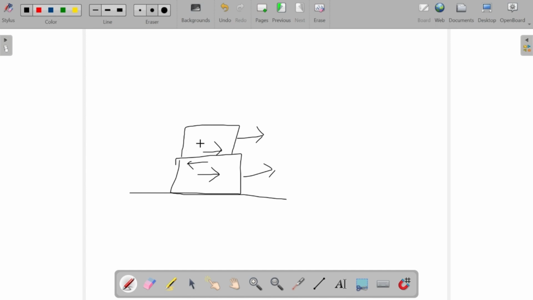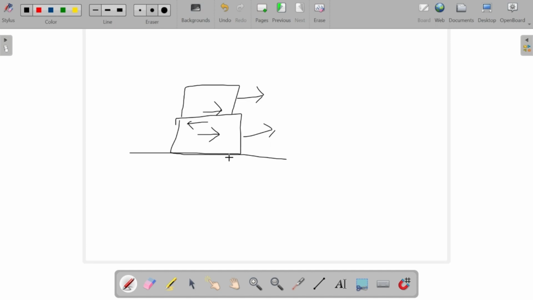So remember, this block is experiencing a friction force and also giving one to this block over here. So when I'm calculating the friction on the bottom block, I have to consider both the fact that it has an increased normal force to calculate the friction with the ground, and I have to calculate the friction it's experiencing with the top block.